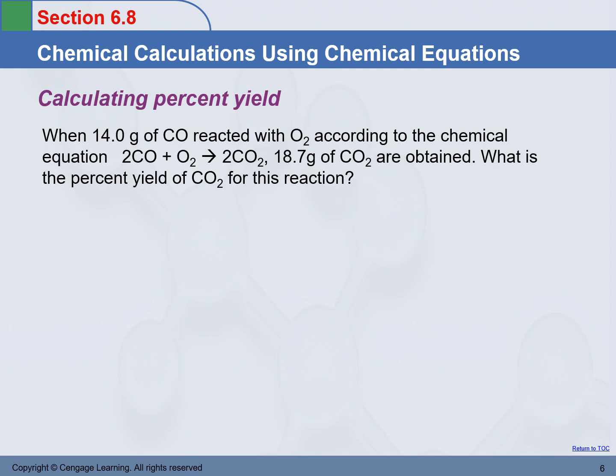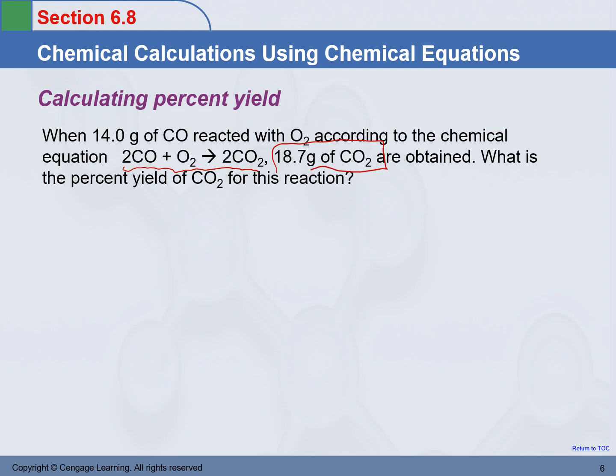When 14 grams of carbon monoxide reacted with oxygen, and here's the reaction, 18.7 grams of carbon dioxide are obtained. Okay, you do get this much carbon dioxide when you perform this reaction. What is the percent yield? All right, what is that number?